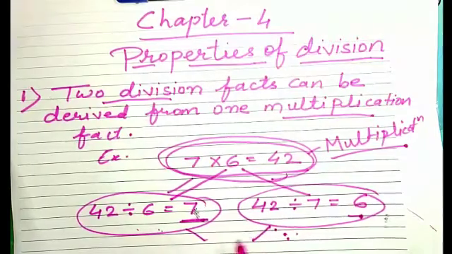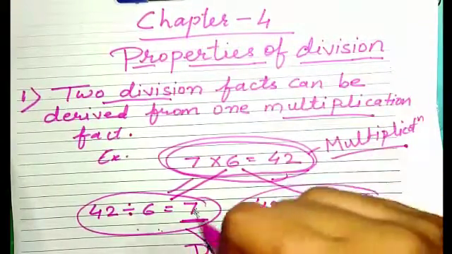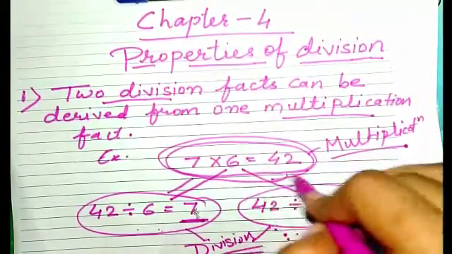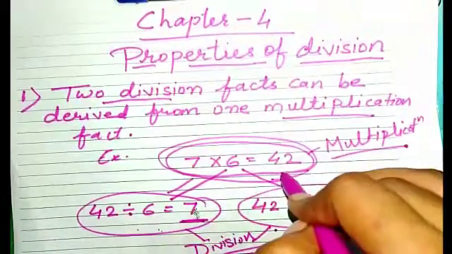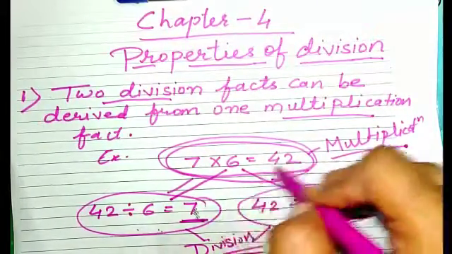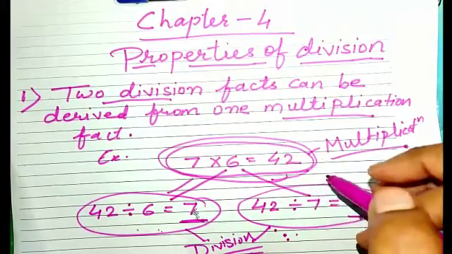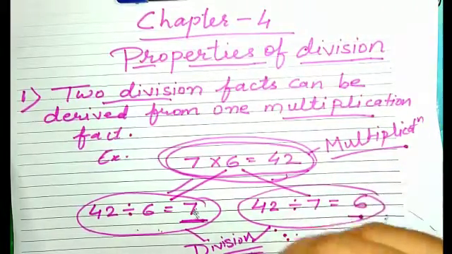These two are division. So division and multiplication we can show here that both are connected with each other.